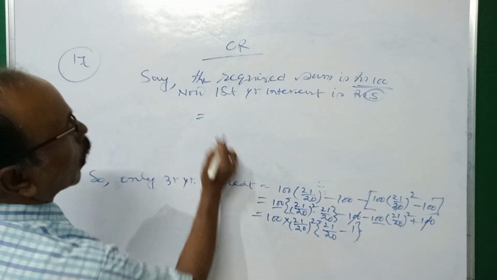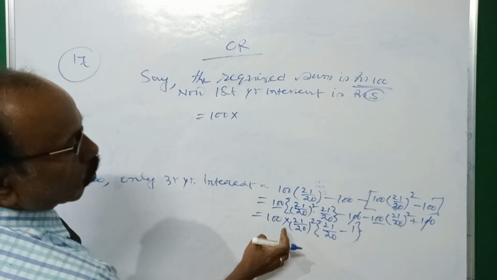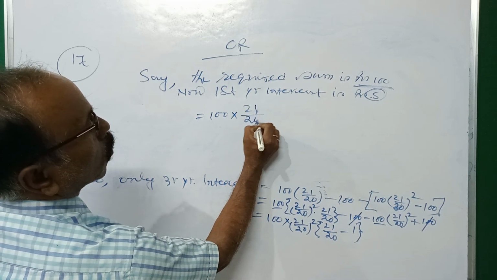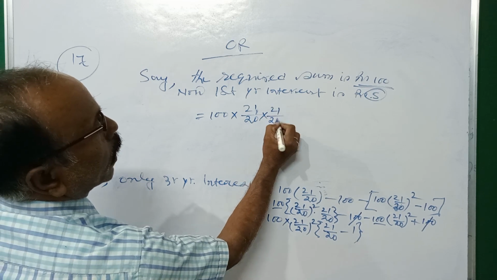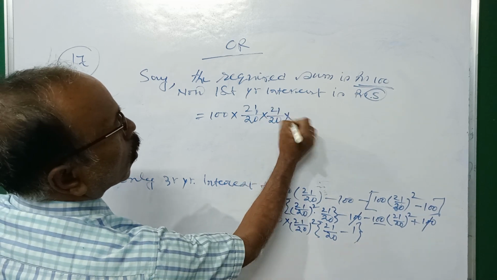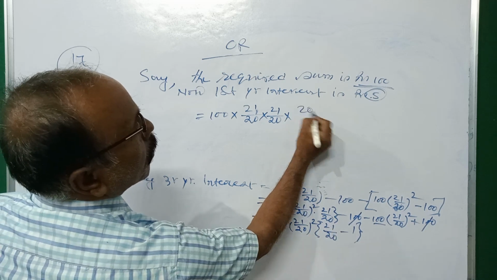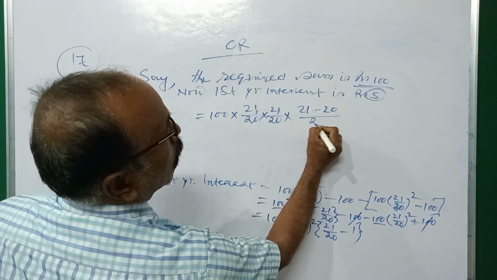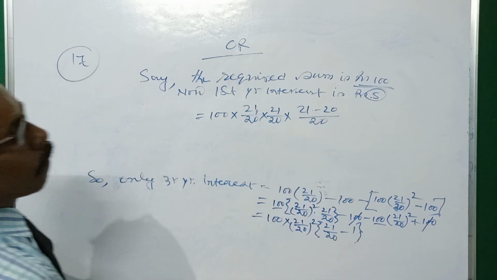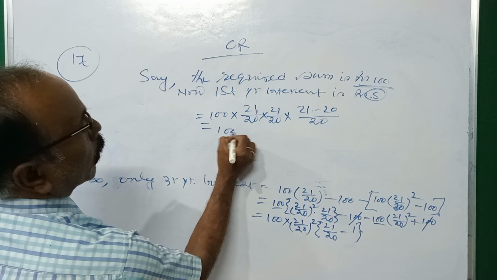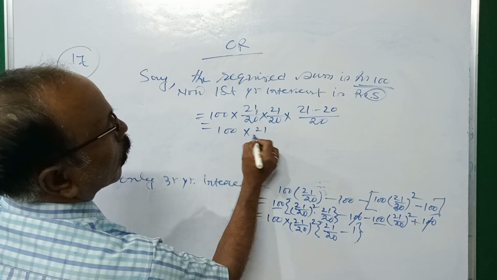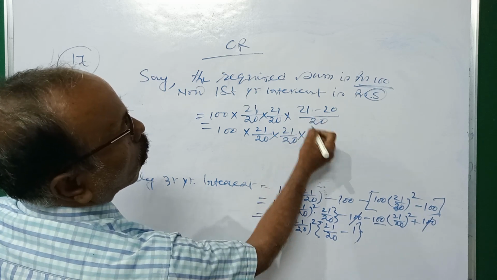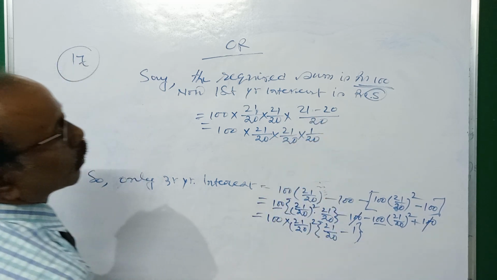Is equal to 100 into 21 divided by 20 into 21 by 20 into (21 minus 20) divided by 20. You see, is equal to 100 into 21 by 20 into 21 by 20 into 1 upon 20.